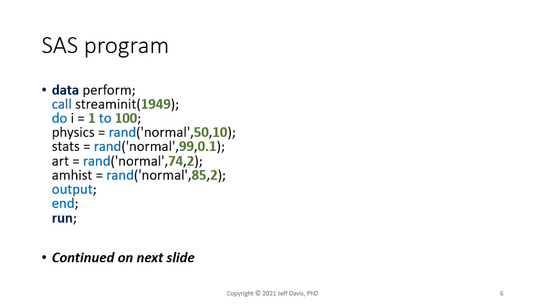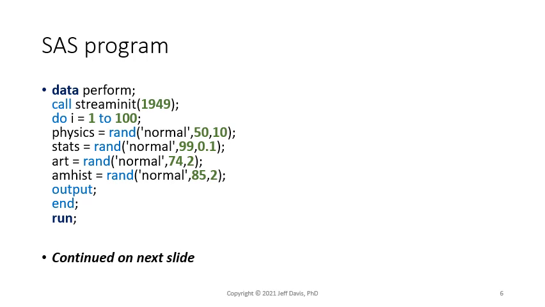For statistics, I'm thinking the average is 99, right? So these folks are going to be pretty hot stuff in statistics, and most of them are going to be right in that same range. So you have an average of 99 with a standard deviation of 0.1, so almost everybody is right there together.